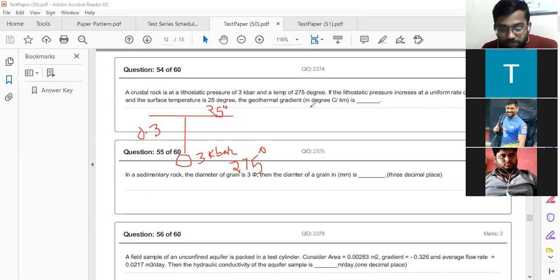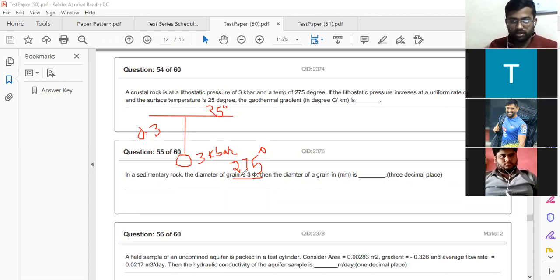Very easy. See first here, at this particular rock we have 275 degree temperature. So this temperature is including the surface temperature. Because when we calculate geothermal gradient, we are calculating it from the surface. Let's say 25 degrees per kilometer, so at a depth of 2 kilometers you have 50 degrees Celsius.